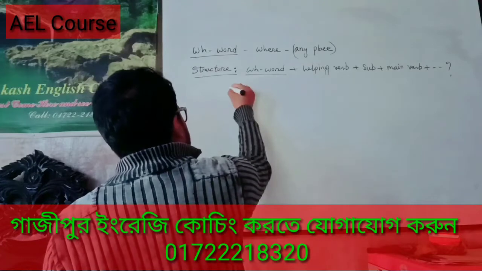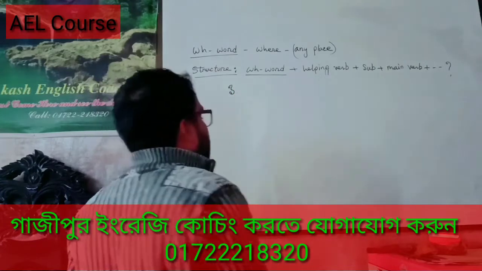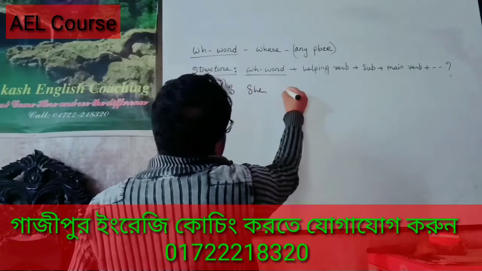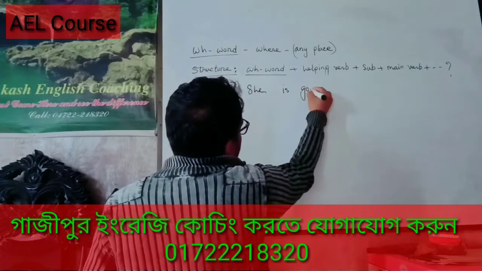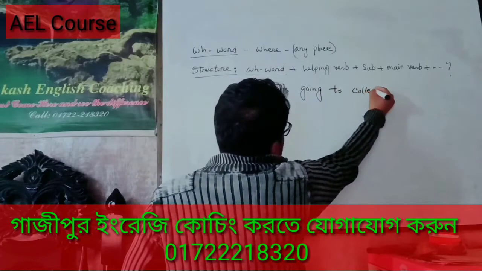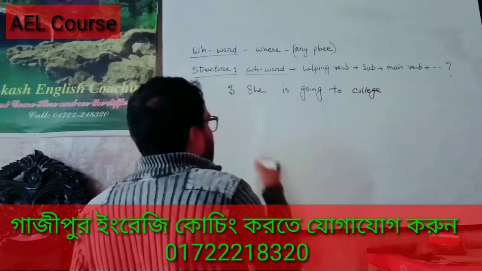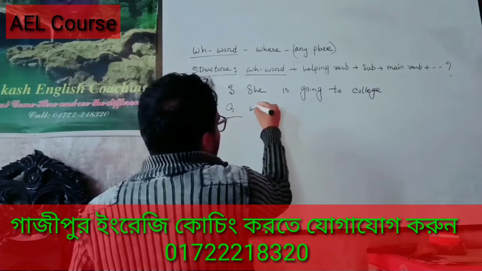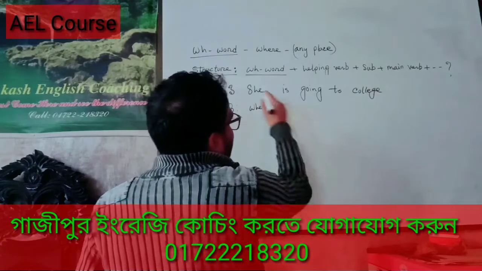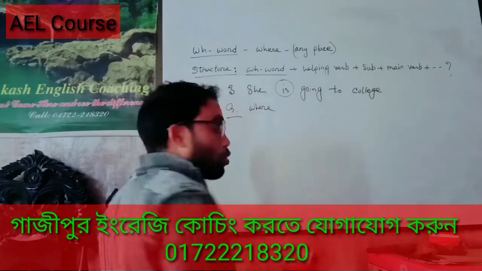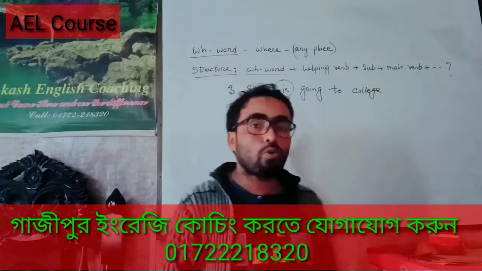I am giving another example, example number 3. She is going to college. You have to make this sentence into interrogative by using where. At first we have to write where, the WH word, and we are getting the helping verb is in this sentence. So we should not take do, did, does.